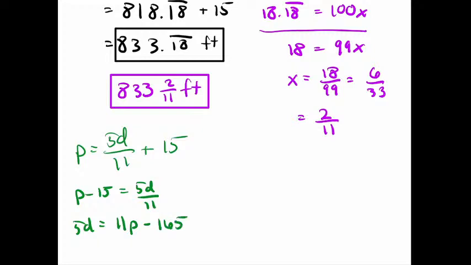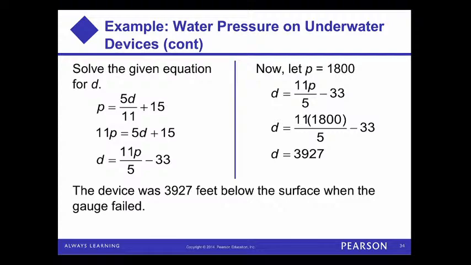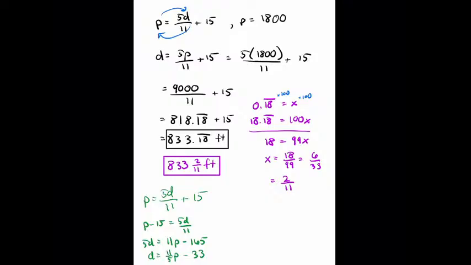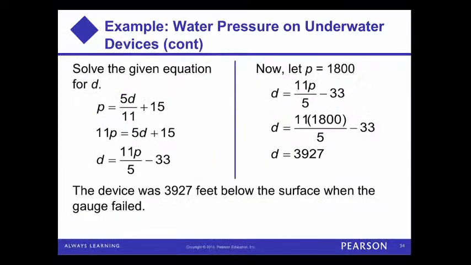Right? Now, if you divide both sides by 5, D equals 11 over 5p minus, what is that, 33. Okay, I think they got the, no, but we got the 33. They got it too. 11p over 5 minus 33.